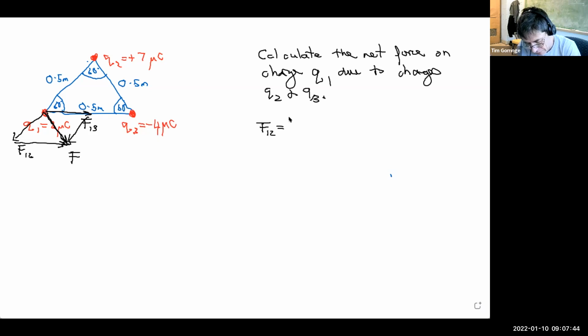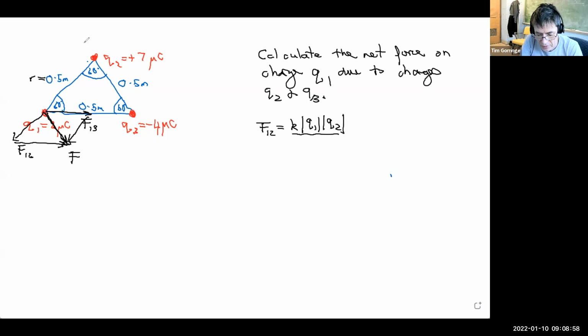is the Coulomb constant times the sizes of the charges. So these are the sizes of Q1 and Q2, divided by the square of the distance between them. I'm going to label that distance R. It's the distance between Q1 and Q2.